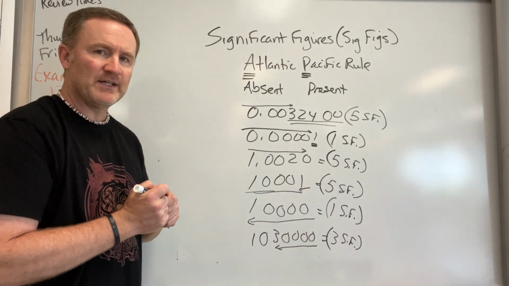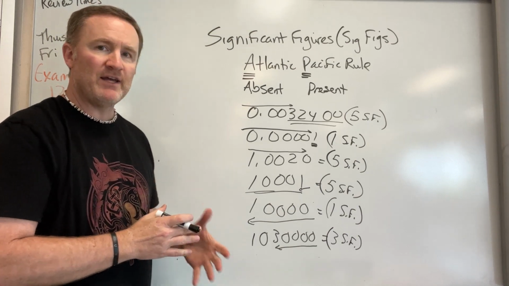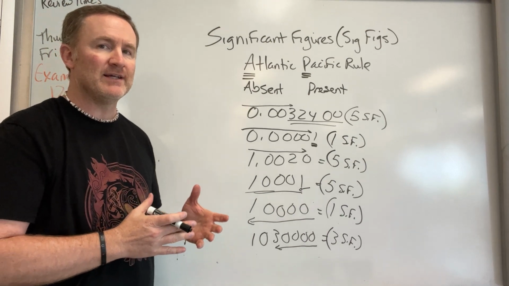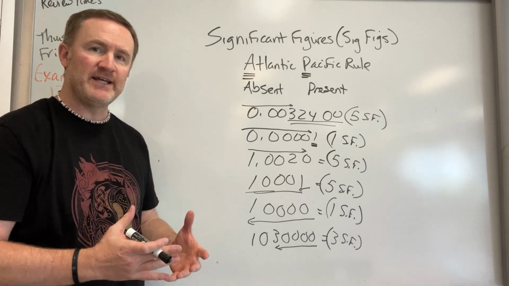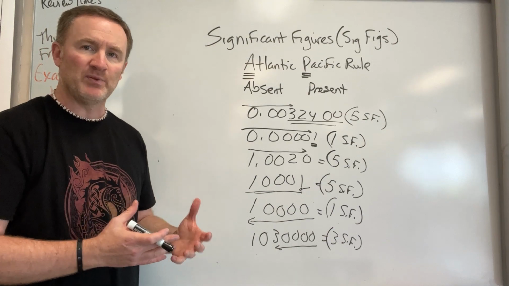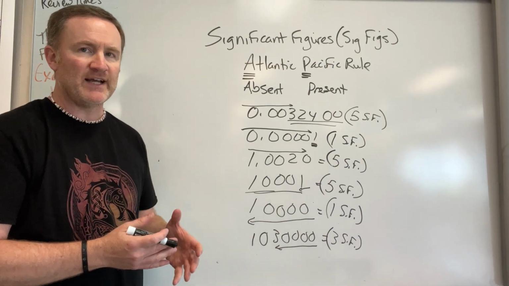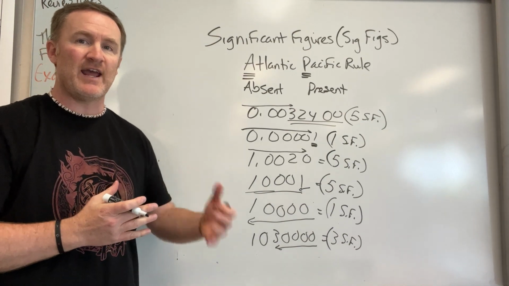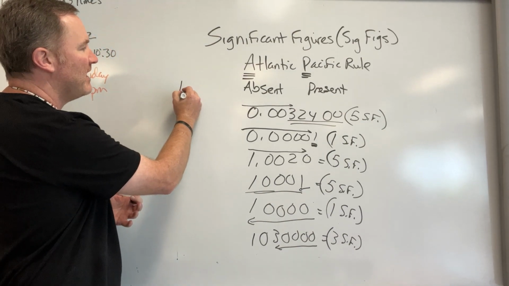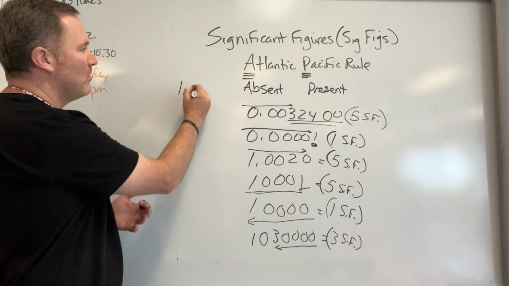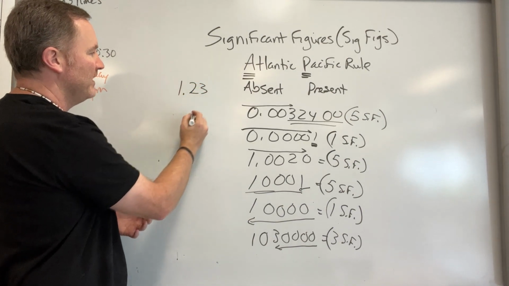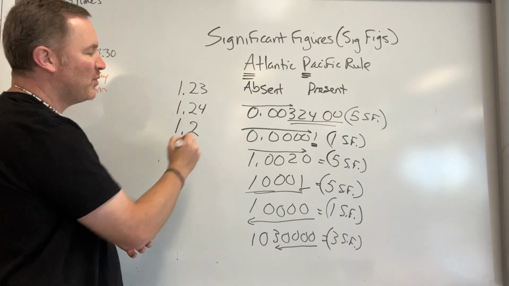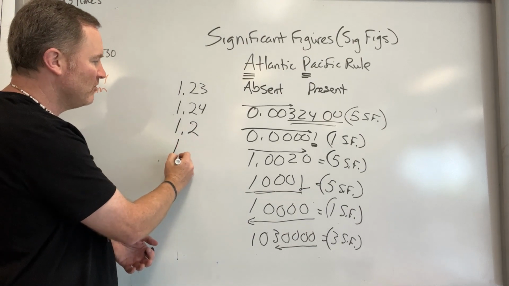One of the things you want to consider with significant figures, when you're measuring things, is the concept that your chain is only as strong as your weakest link. Or if you're talking about a team, the team is only as strong as the weakest player. So if I am measuring with different devices, different size rulers, different scales, and some groups are measuring a sample and it goes to 1.23, another group gets 1.24, another group comes back and just says 1.2, and then another group just says 1.